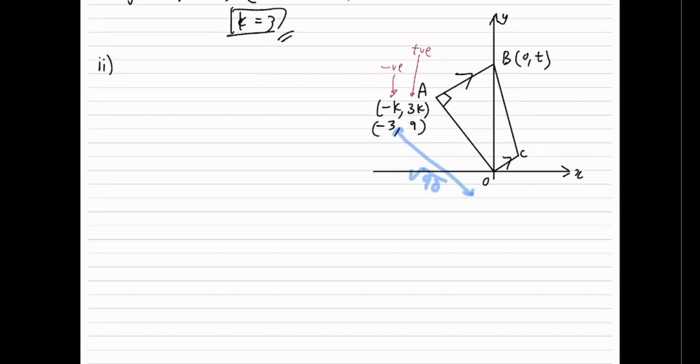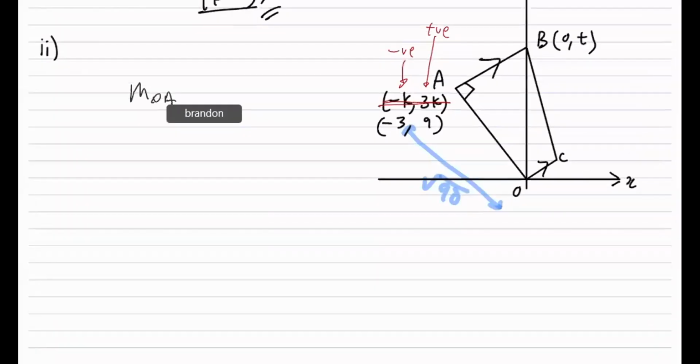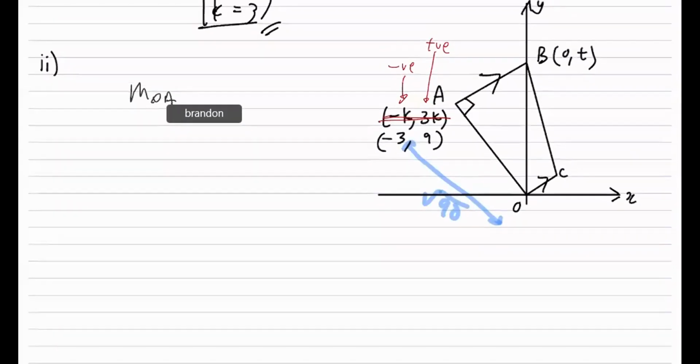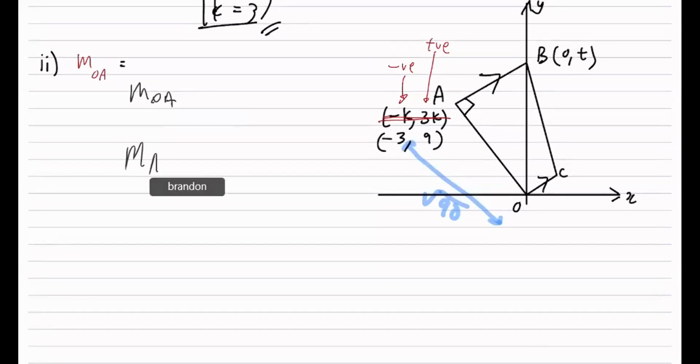And then you can find gradient MOA. Then you take the negative reciprocal, which would be MAB. Then when you have MAB, you can do the point slope formula. Then you get the equation of AB.